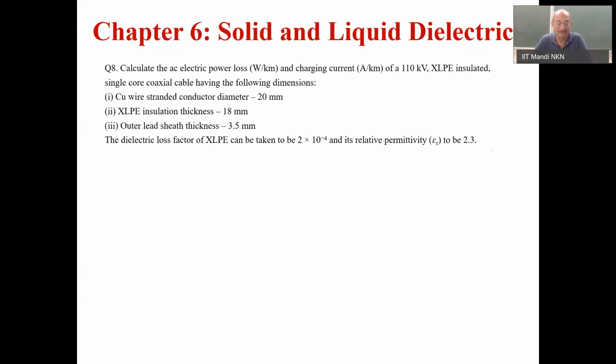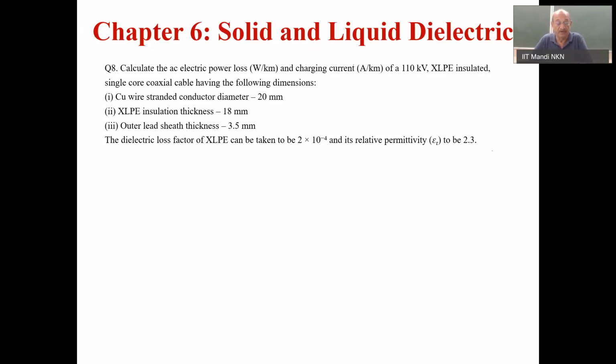This one is slightly simpler because it is not given here that semiconductive sheaths are provided over the conductor and below the outer conductor, on both sides of the insulation.